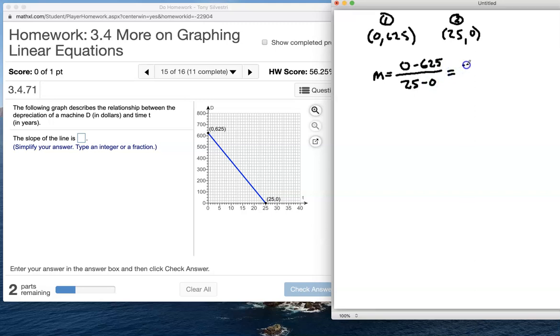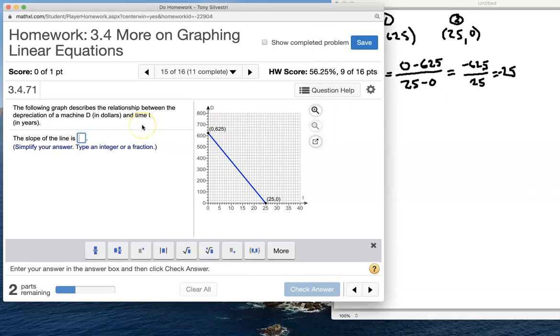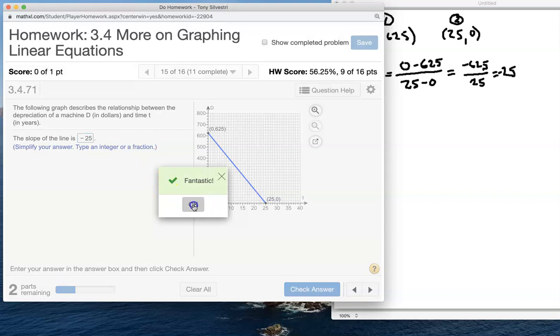So that's going to be negative 625 up top, divided by 25. And that's going to be equal to negative 25. 625 divided by 25 is negative 25. Hit enter. Fantastic.